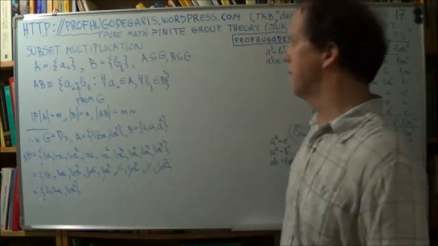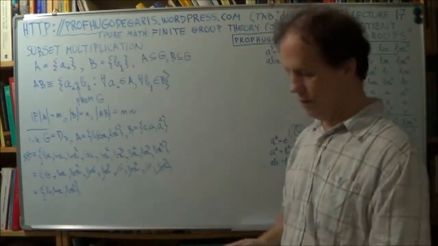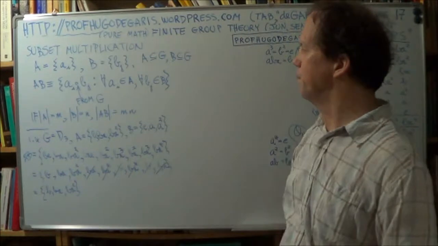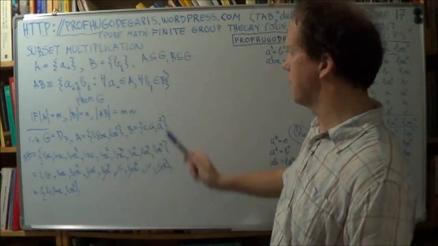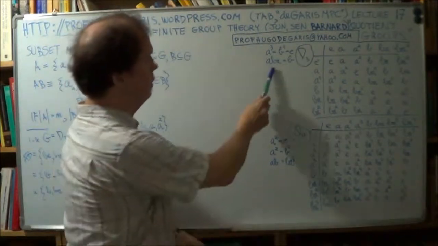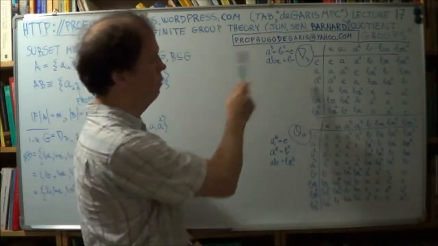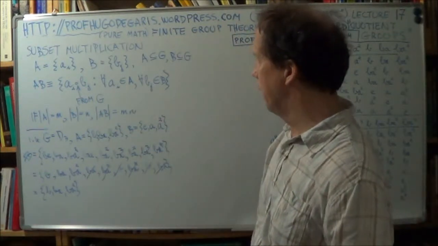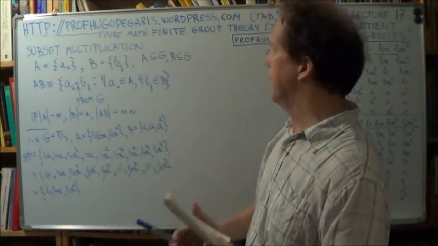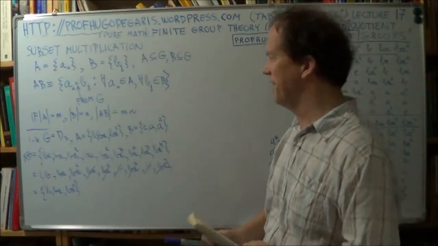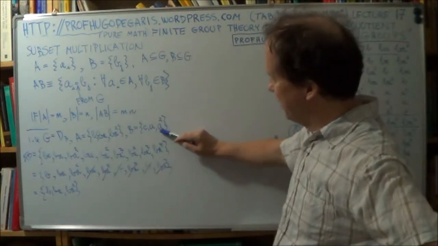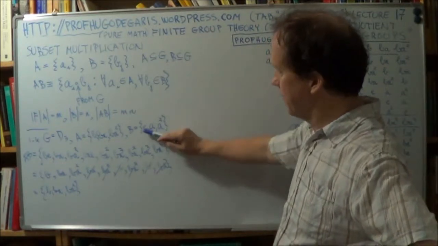That is the result of your subset multiplication with these 2 subsets, using the relations of D3 to help you simplify. I hadn't noticed that before, but it's interesting. This is a coset. That's a subgroup.